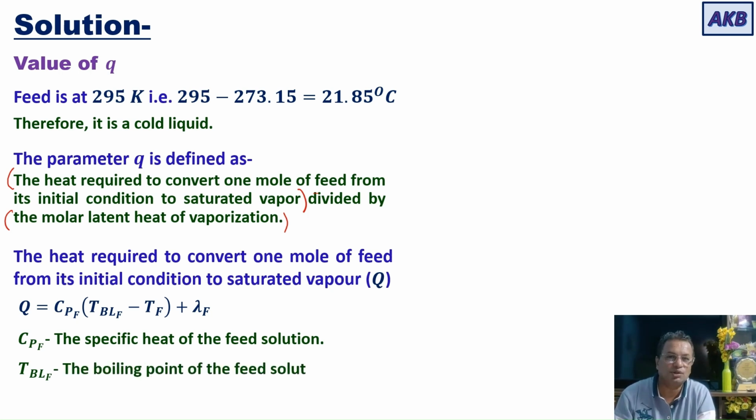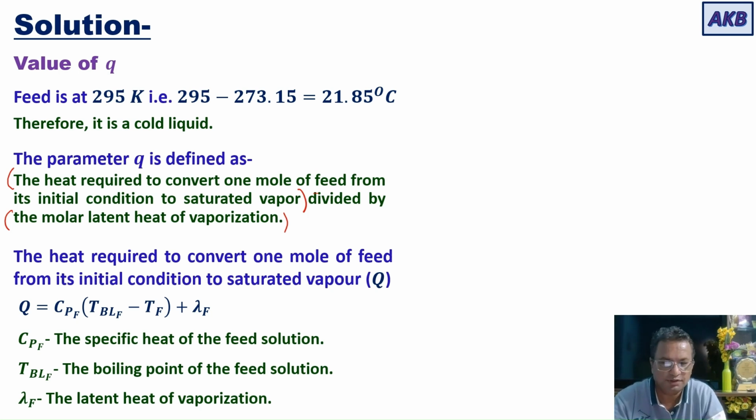Again, this is not known. What we know are the boiling points of pure components, and we are going to use them to get the boiling point for the feed solution. Then lambda F is the latent heat of vaporization for the feed. Again, what we know are latent heats for pure components, and we are going to use them to get latent heat for the feed solution.